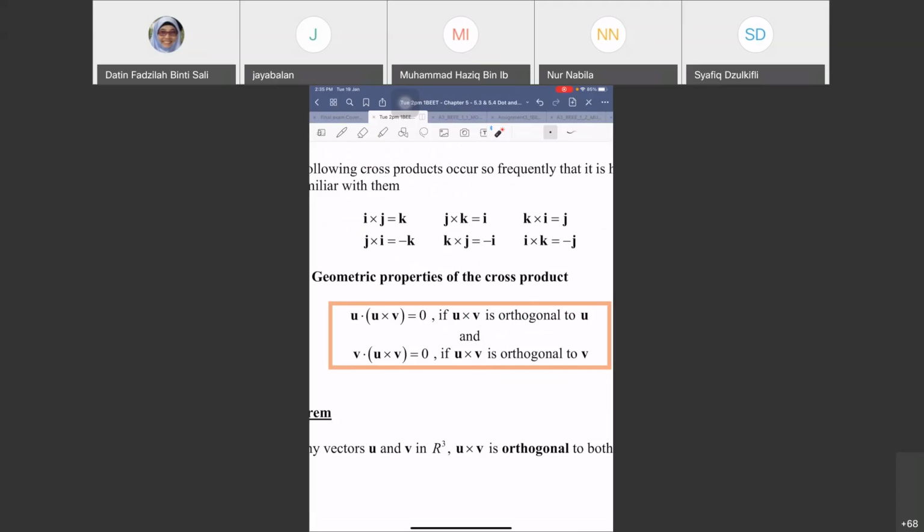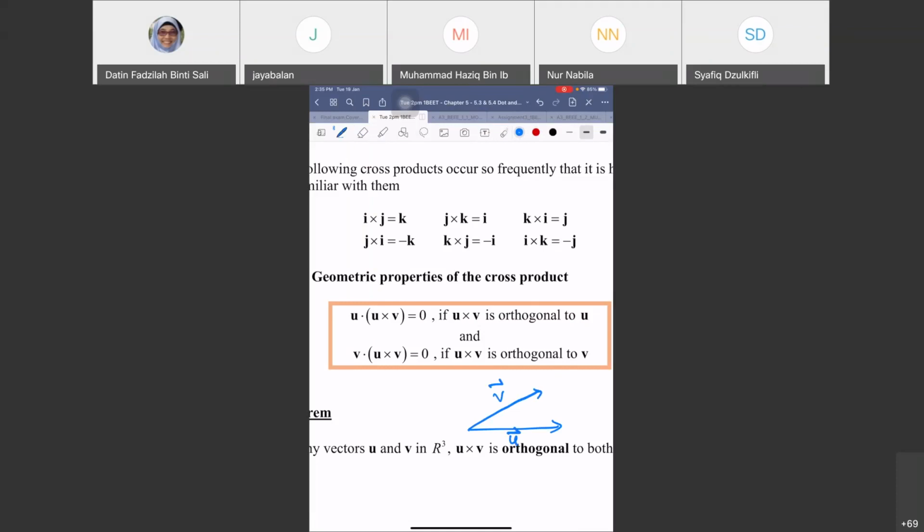u and v. It is an orthogonal vector because, let's say this is your one vector u, and then this is vector v.